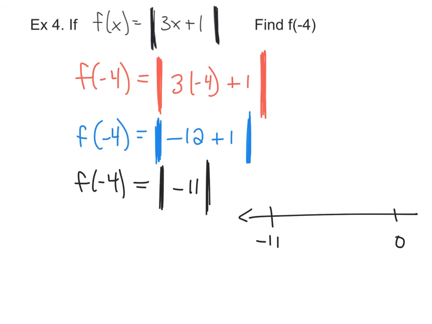Well, what is the distance away from negative 11 to 0? You would count 1, 2, 3, 4, 5, 6, 7, 8, 9, 10, 11. Okay, so the final answer for this, f of negative 4 would equal a positive 11. So again, when my x is negative 4, my y value is going to be positive 11.